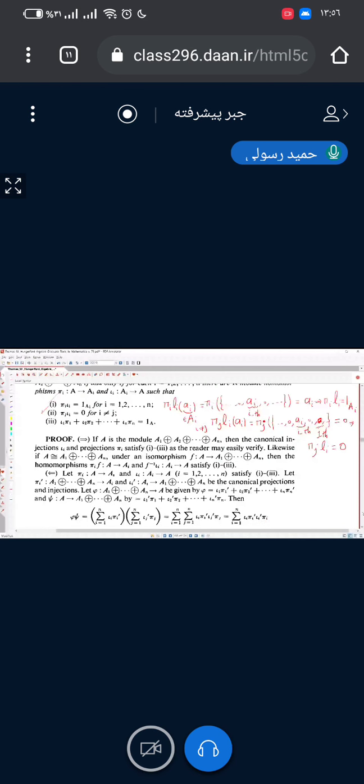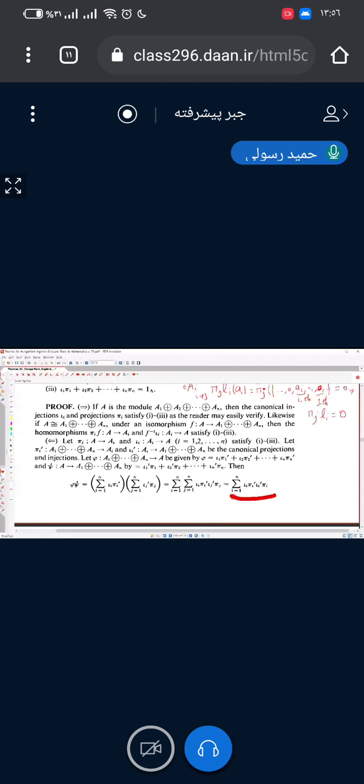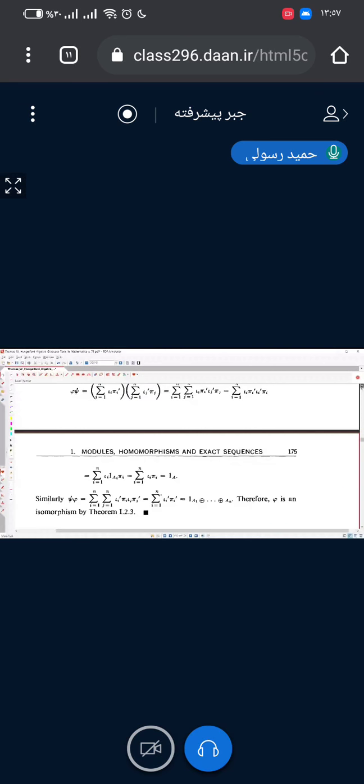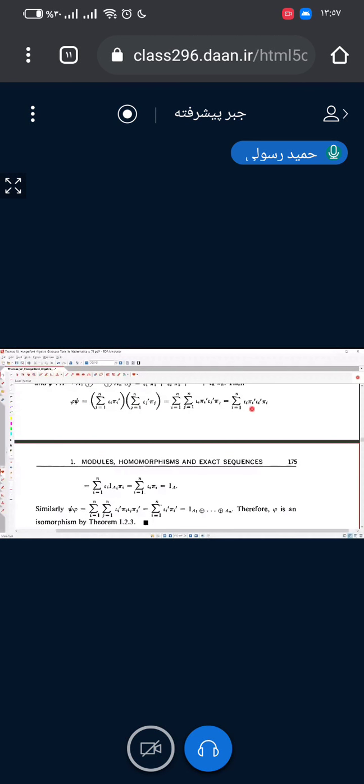So phi psi equals this sigma. And since we have P'_i L'_i equals the identity, this is equal to this sigma, and this gives sigma of L_i P_i, which is the identity by the assumption.